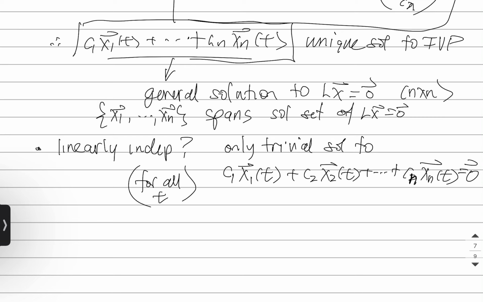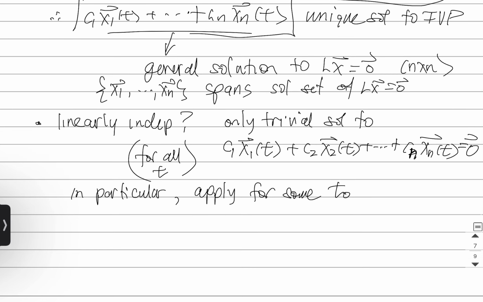Well, if it has to apply for all values of t, that means in particular it has to apply for some specific t naught.